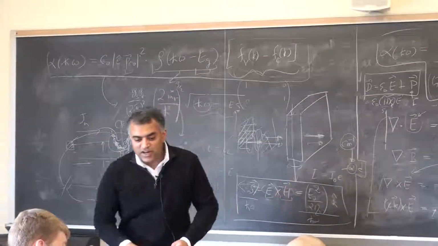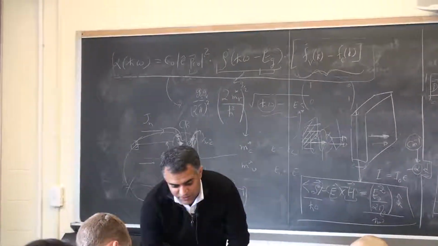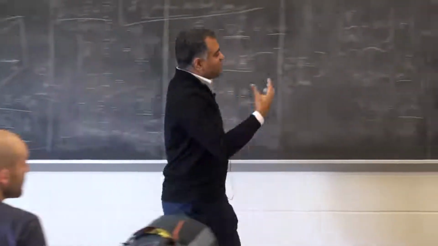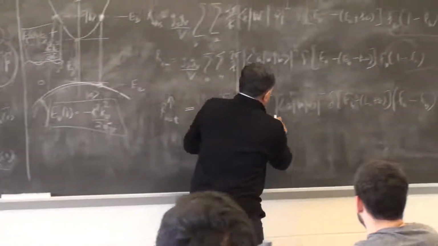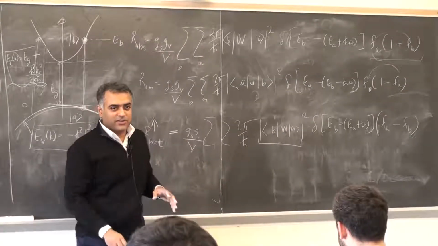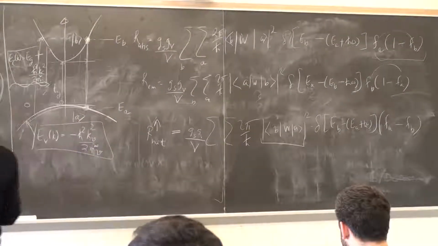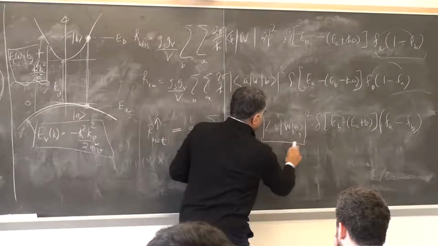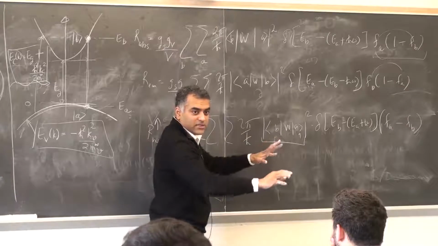Now I think we are a bit over time, so let me just finish up by saying that there's a little bit of work in finding the matrix element. I've written it out in detail, every step of it. What we have to do is take these two functions, put one here and one here, and integrate over space.